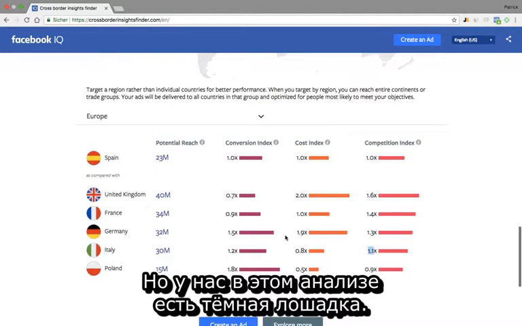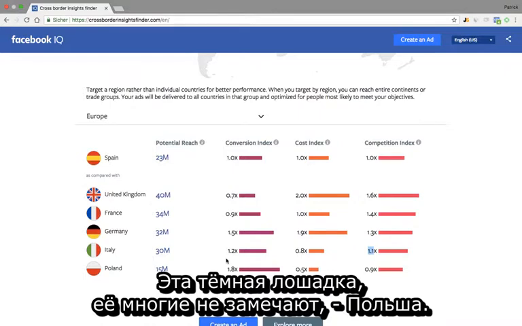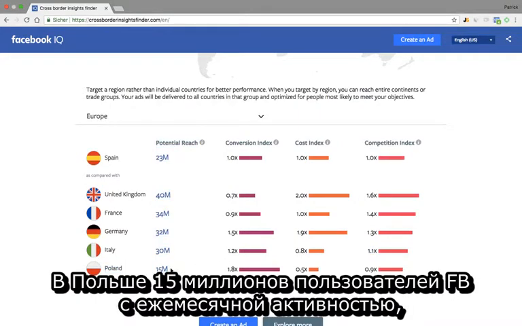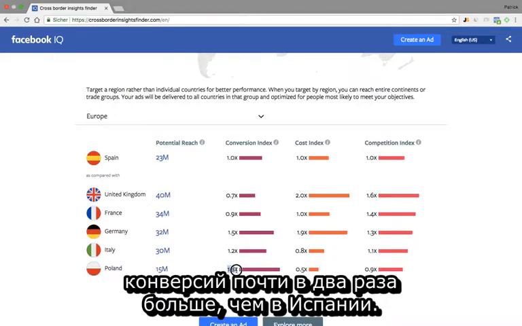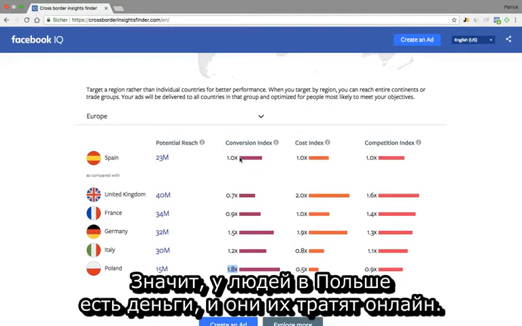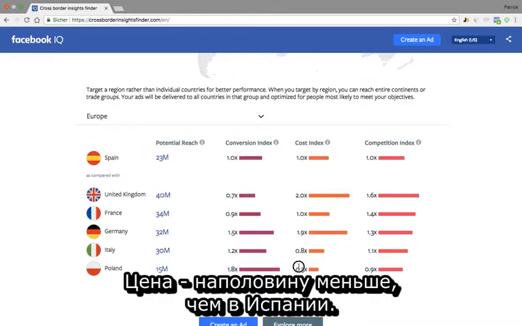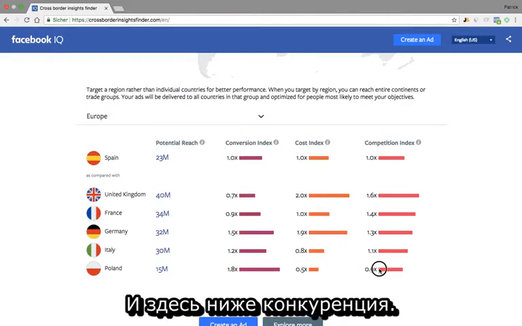But what is like the hidden star in this entire analysis? The hidden star that many people don't consider is Poland. Okay, Poland has 15 million monthly active Facebook users, and converts almost double as well as Spain. So people in Poland have money and they spend it online, okay? And it costs half of what it does in Spain, and you have less competition, okay?